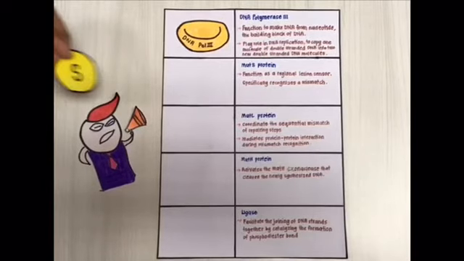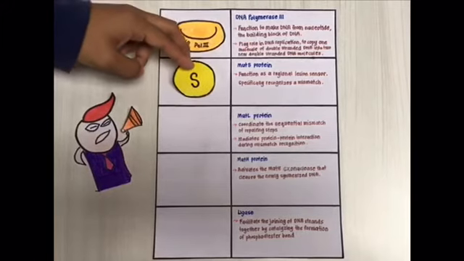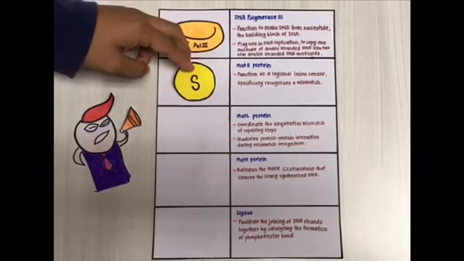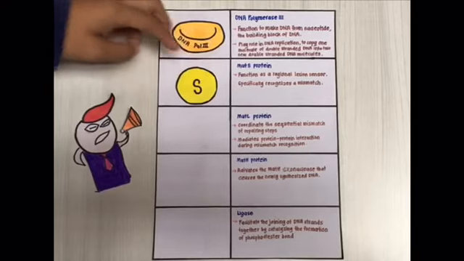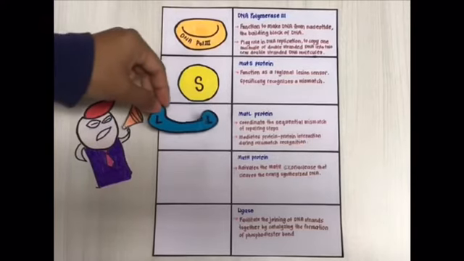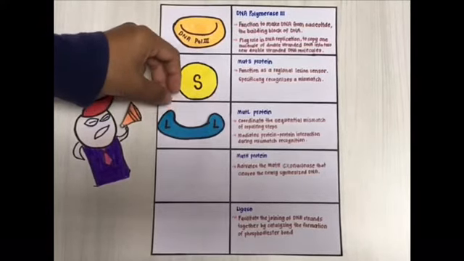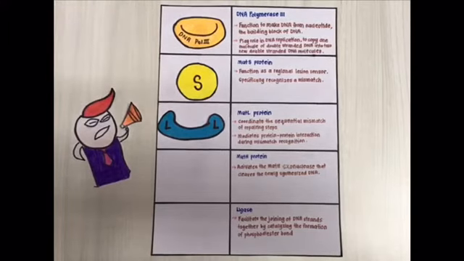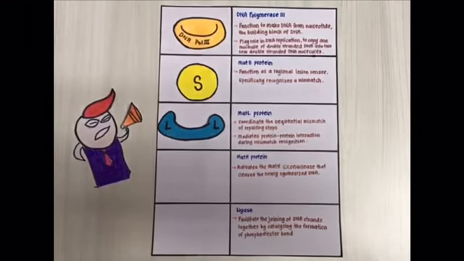Next is the MutS protein. It functions as a regional lesion sensor that specifically recognizes a mismatch. The next component is the MutL protein. MutL protein coordinates the sequential mismatch repairing steps. It also mediates protein-protein interaction during mismatch recognition.